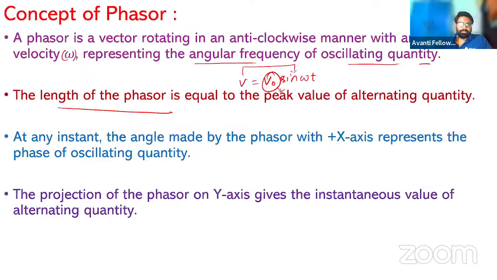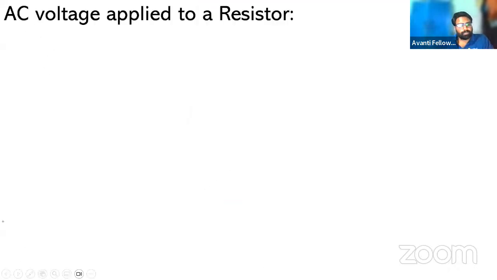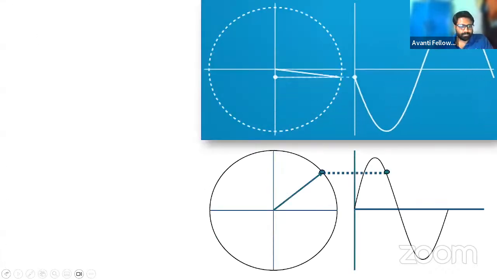Now let's do one thing, let's understand this. We are studying alternating current, so we will understand it with alternating current. We have taken an example of I equals I naught sin omega t. Now how to convert this function into a phasor diagram?